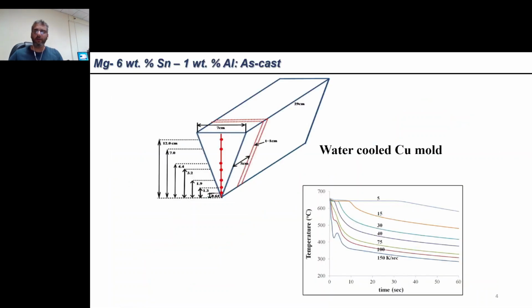So moving on, I would like to show one more case where we have connected the solidification calculations with the homogenization and dissolution calculation for a ternary alloy.